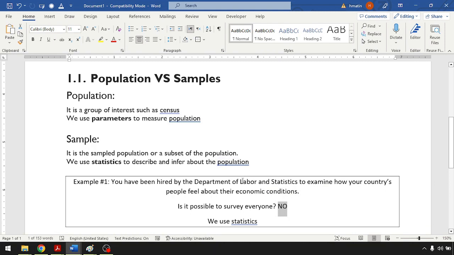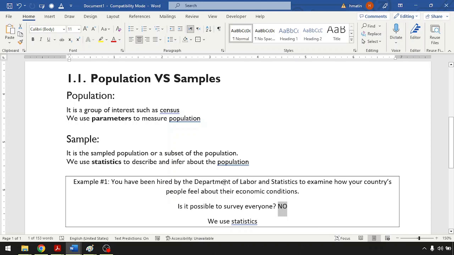Number one is that it's almost impossible for any institution to collect population data for many, many reasons. One of the reasons could be that they cannot reach everyone within that population to gather their information.